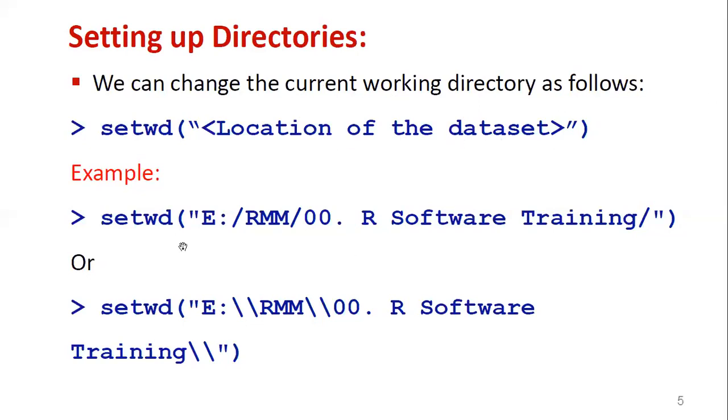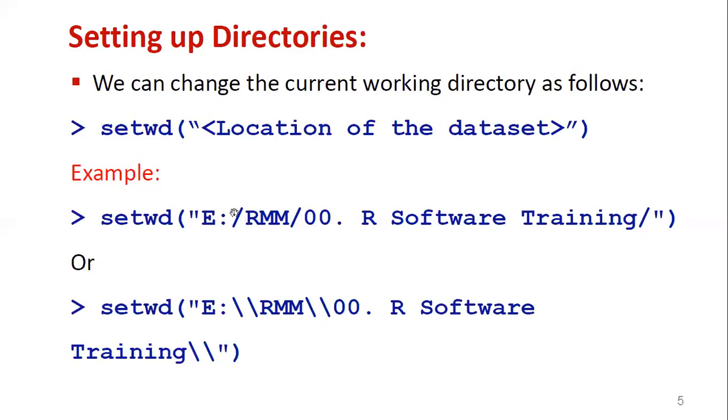For example, here is what I used in my system. In E drive, I created one folder named RMM. In that, another subfolder, software training. This is the actual location. So I copied this location by opening the R software training folder and right clicking there to copy the path.